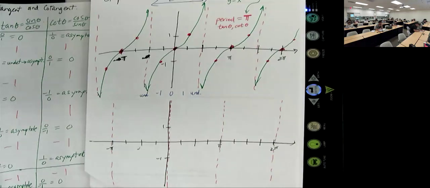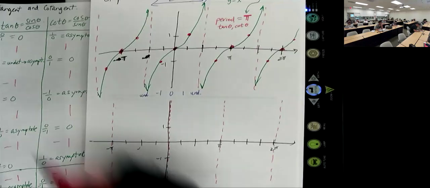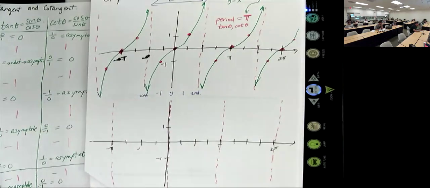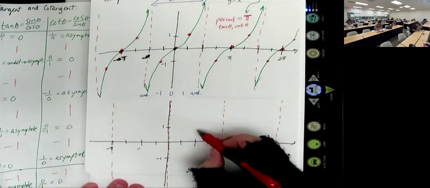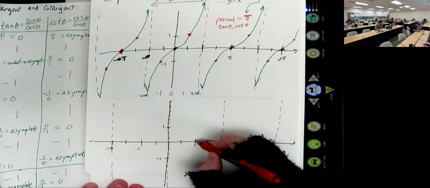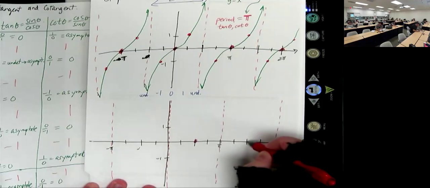At all of our pi over 2 increments, we had, oh, I'm missing the one right there. We had pi over 2, we had, let's see, we had a 0 here. All of these are zeros.